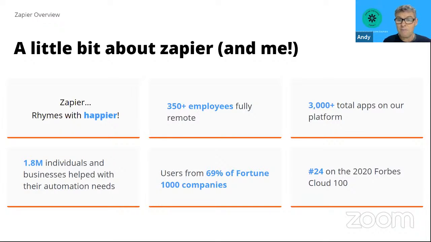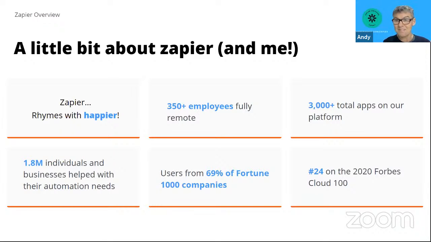The Zapier platform connects to 3,000-plus applications, and helps a huge number of individuals and businesses with their automation needs, including lots and lots of small and medium-sized businesses. There are also users from bigger businesses, and it's super cool.